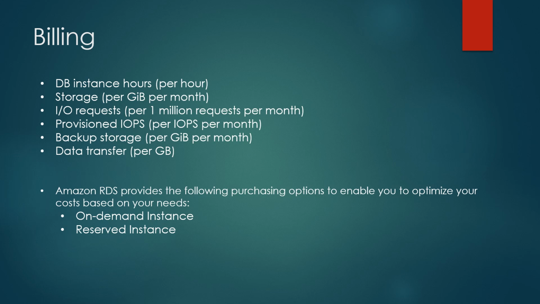On-demand instances pay by the hour for the DB instance hours that you use. Pricing is listed on a per hour basis, but bills are calculated down to the second and show times in decimal form. RDS usage is now billed in 1 second increments with a minimum of 10 minutes. In case of reserved instance, you reserve a DB instance for a 1 year or 3 year term and get a significant discount compared to the on-demand DB instance.